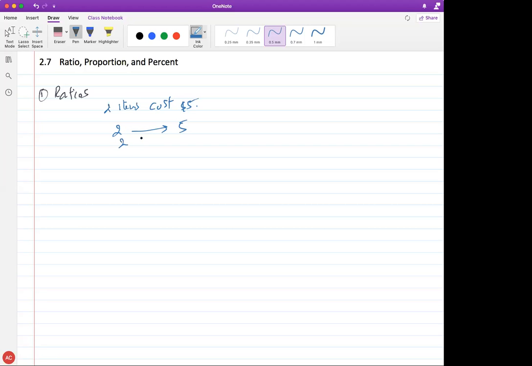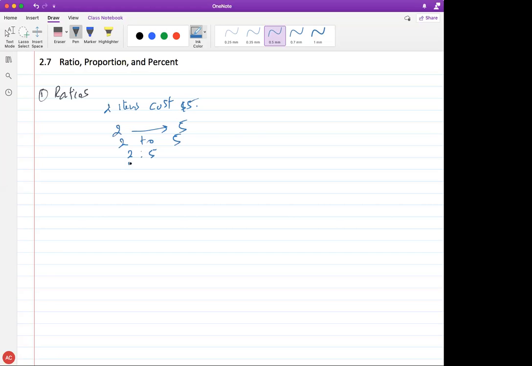You can also say 2 to 5, or use the symbol of the ratio, which is 2 colon 5. This also means 2 to 5. This is the actual symbol of ratio. It just means 2 is related to 5, two quantities that are related.